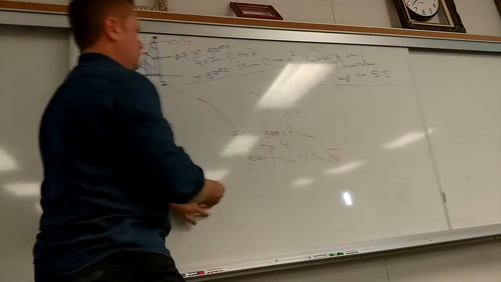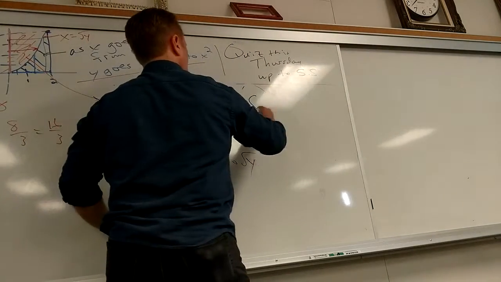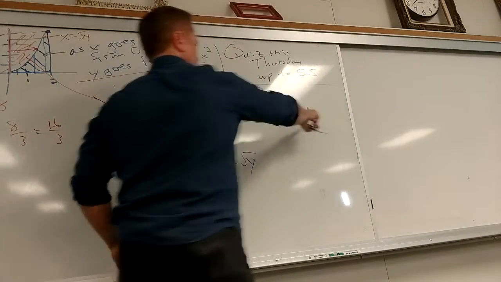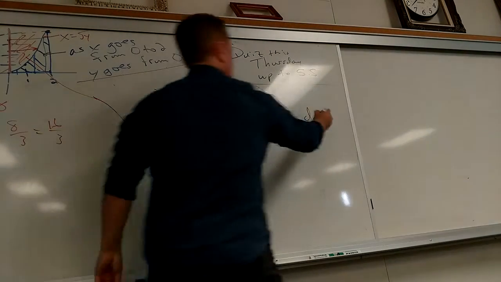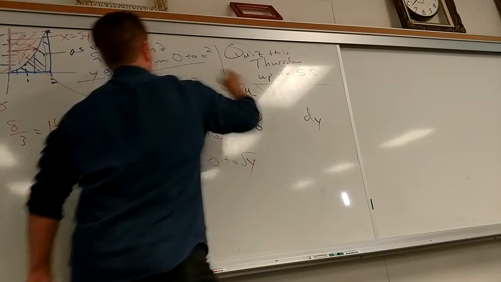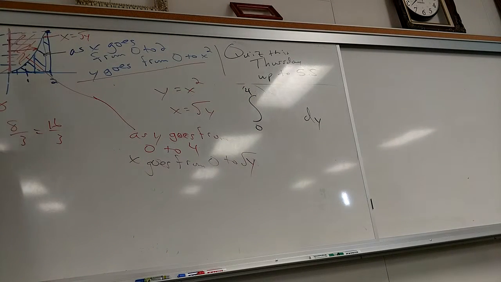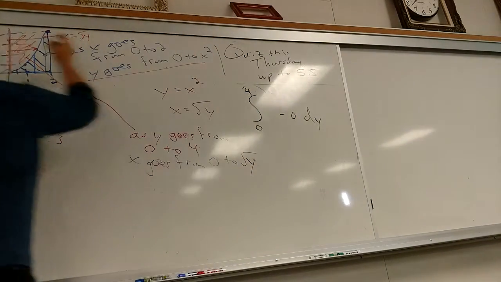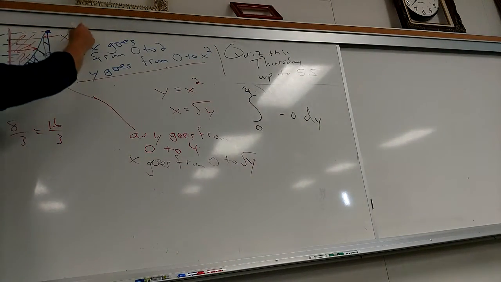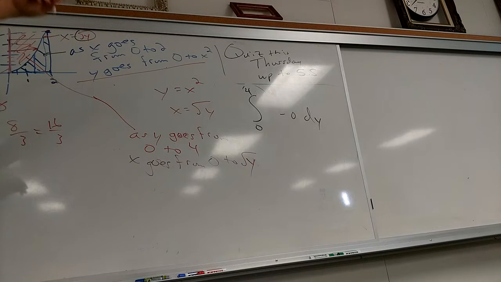This integral is going to be d what? dy. And y is going from 0 to 4. X is going from 0 to what? That's square root of y. That's the other wall it's going to.